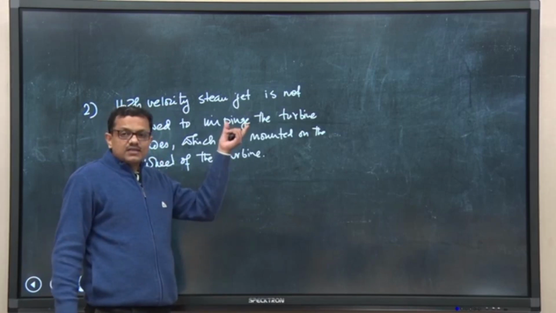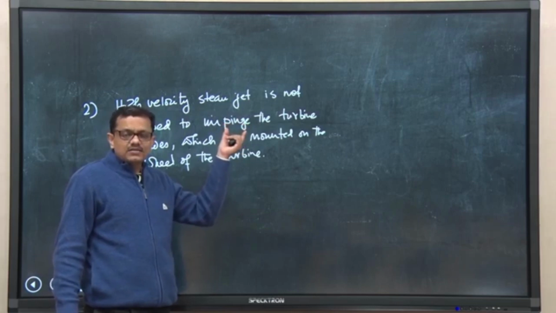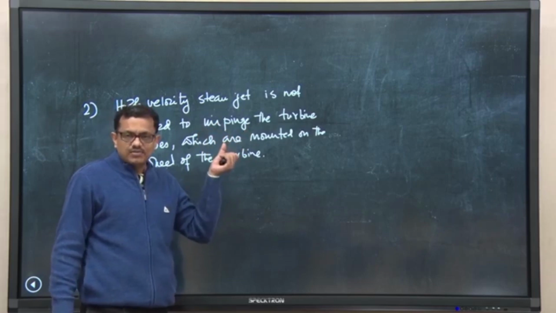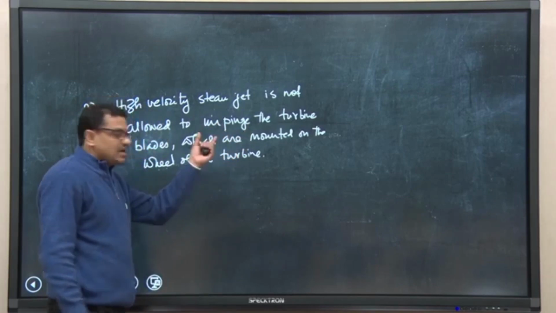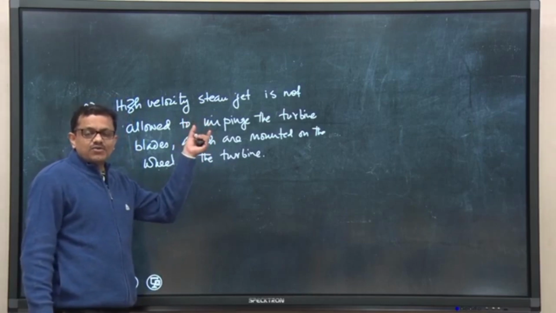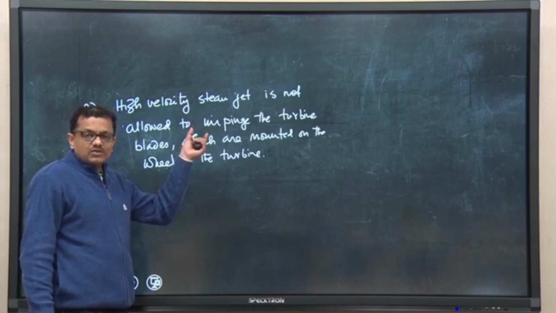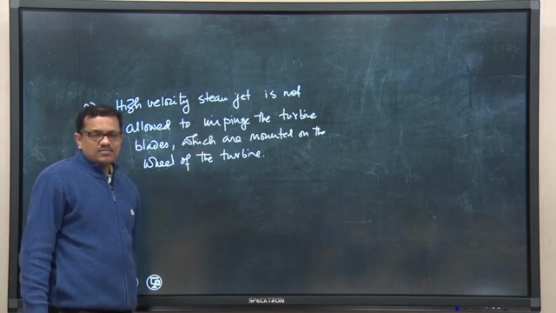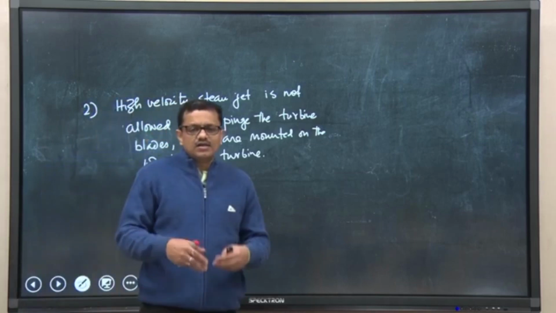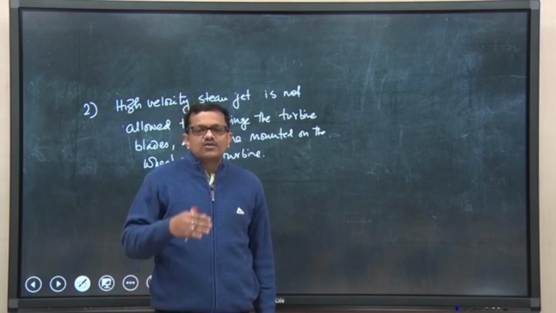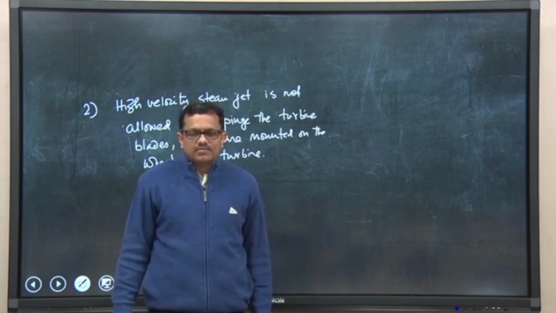So, when steam jet impinges turbine blades, there will be a change in the direction of steam. So, consequence is that after impingement, steam direction will be changed. So long as there is a change in direction, there will be a loss of momentum.